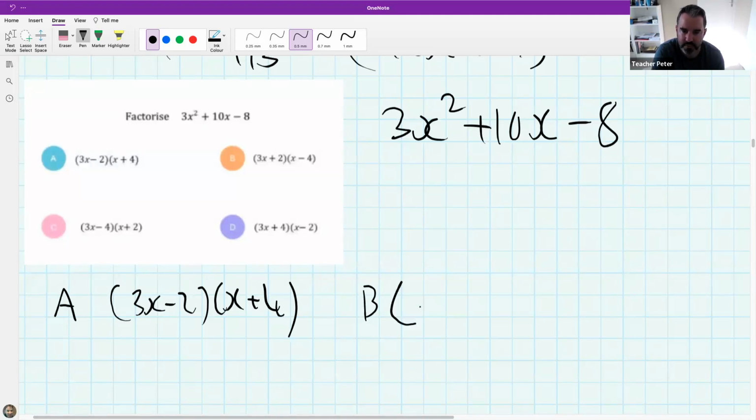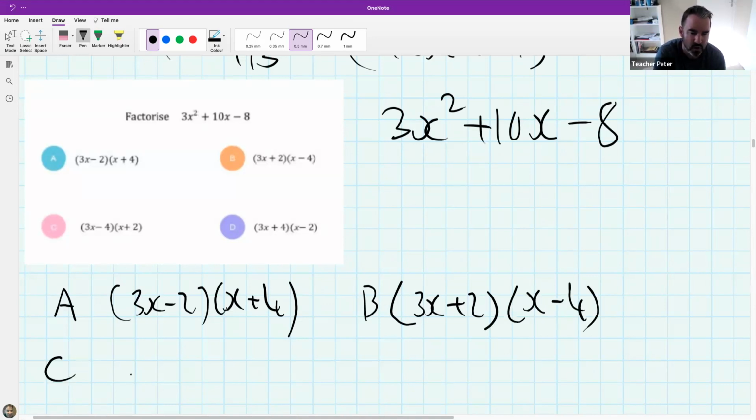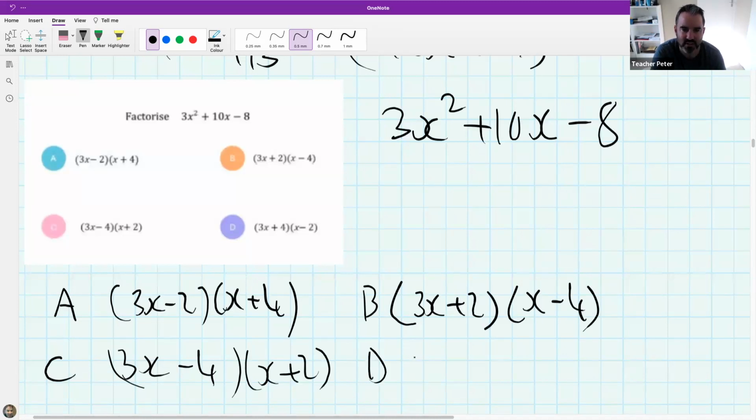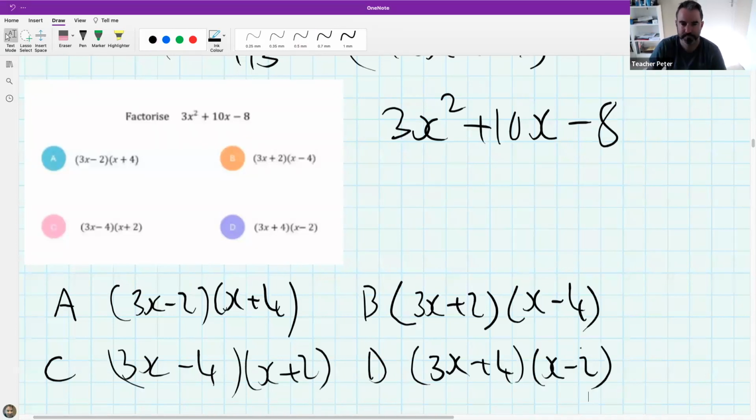Option B is 3x plus 2, x minus 4. Option C is 3x minus 4, x plus 2. And D is this. I want you to choose what you think is the correct one.